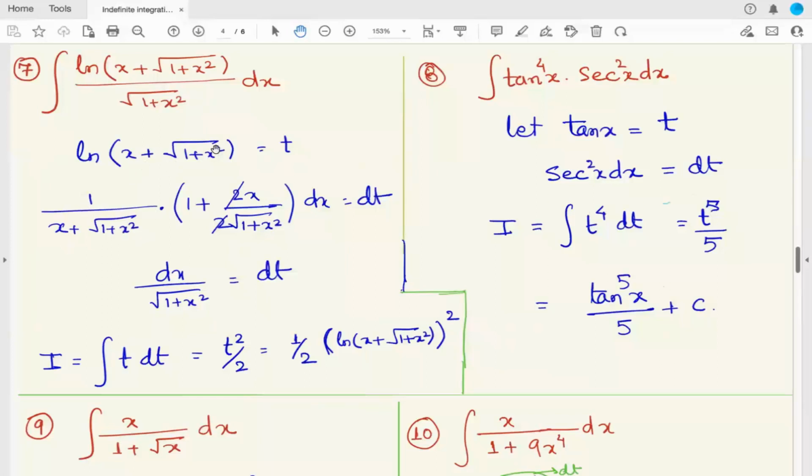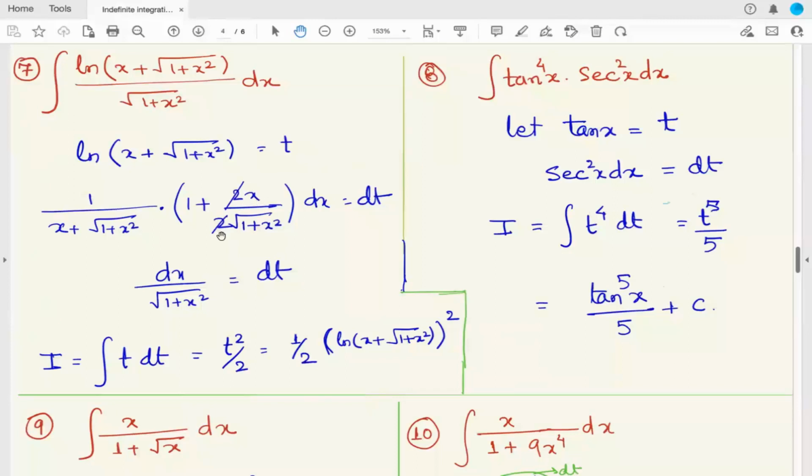And then we differentiate this function with respect to x again. Here we have to use the chain rule again. First the root is differentiated, and then we solve that and get dx by root under 1 plus x square dt, because the same thing comes out in the numerator and x plus root under 1 plus x square in the denominator.